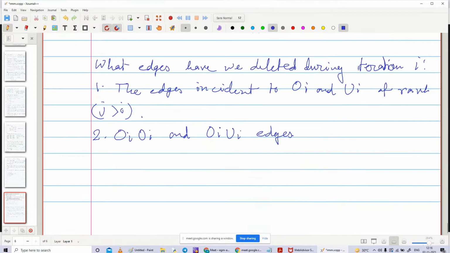How to prove that? First, we start with a rank maximal matching.